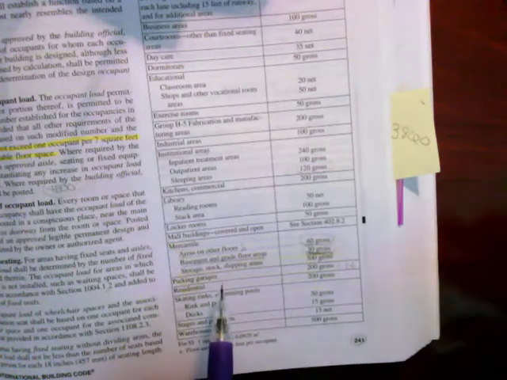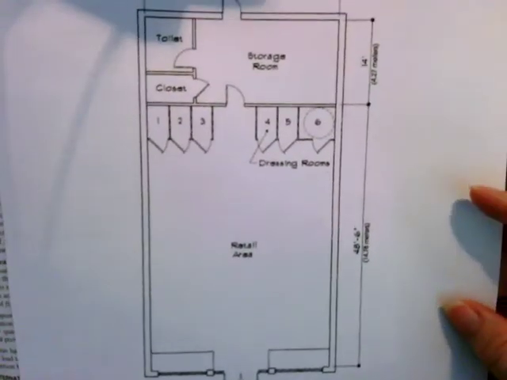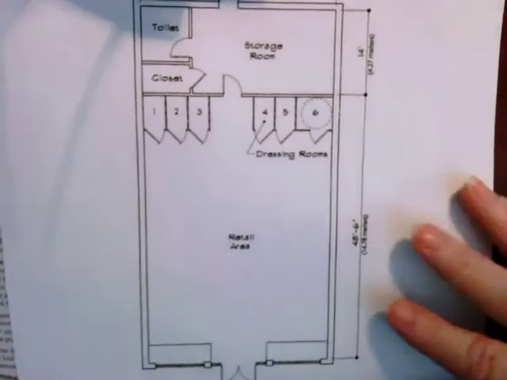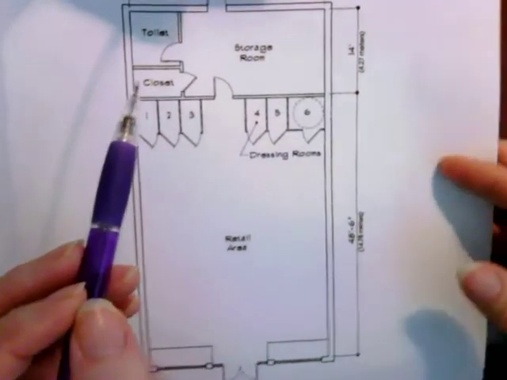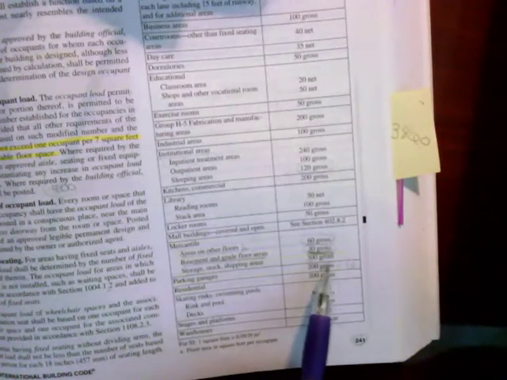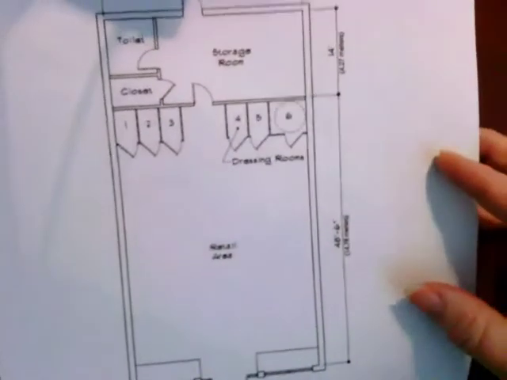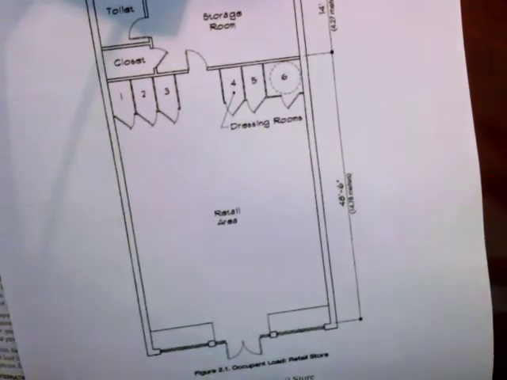We also need to look at the floor plan. Here's the floor plan, and you notice that the back half is storage. So going back here, it says storage, stock, shipping area, 300 gross. We are going to create a table.